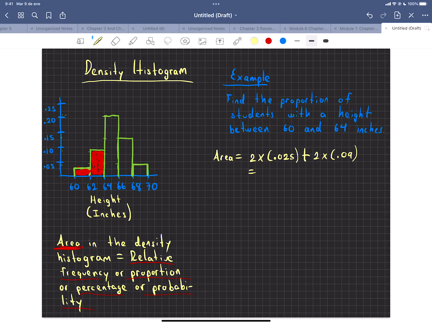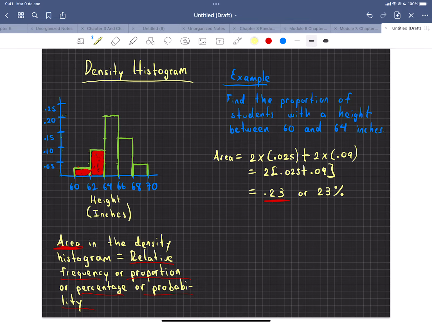This is going to be 2 times 0.025 plus 0.09, which is 0.23 or 23%.